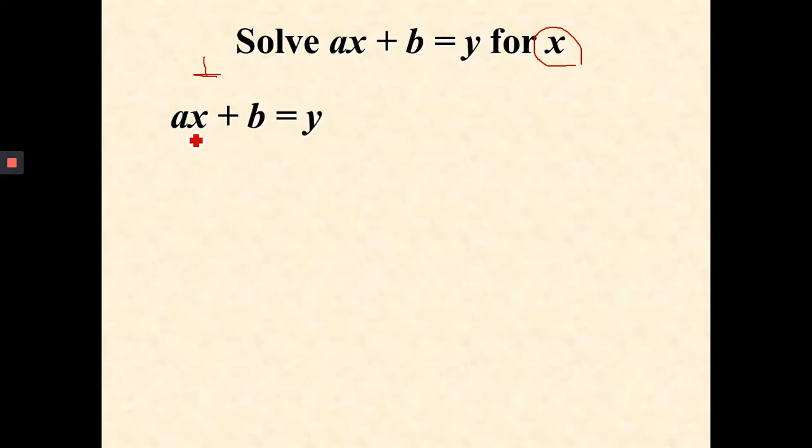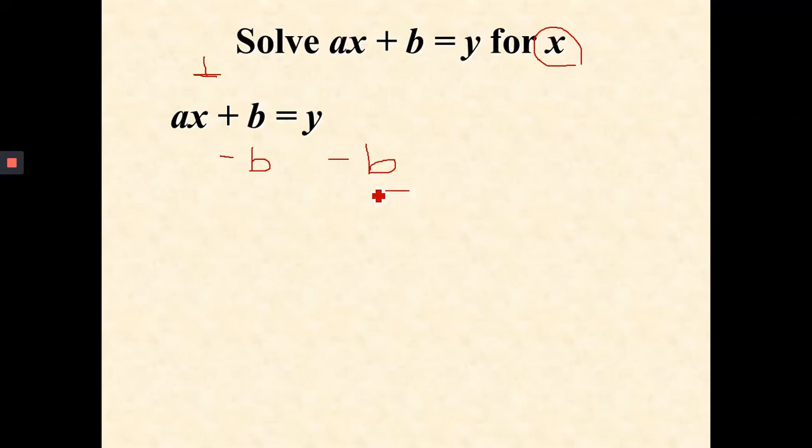So in order to isolate x, we need to get rid of positive b. So we have there the opposite, which is negative b. Negative b should not be written under y because they are different variables.